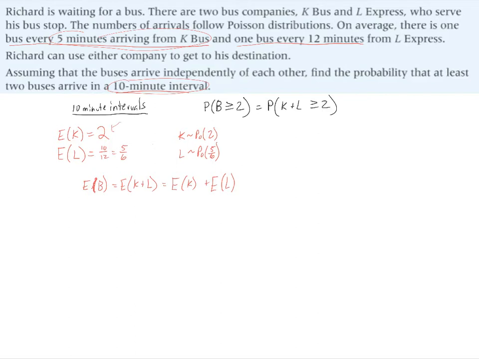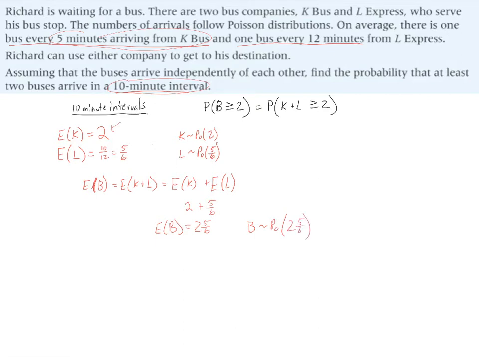So the expected value of K, of course, is 2, and the expected value of L is 5 over 6. So what that means is that the expected value of B is 2 and 5/6. All right. Now we want to find the probability that at least 2 buses arrive in that 10-minute interval. So what that means is that B is a Poisson distribution with an expected value of 2 and 5/6.